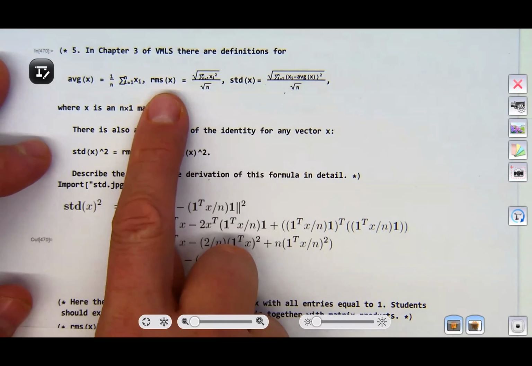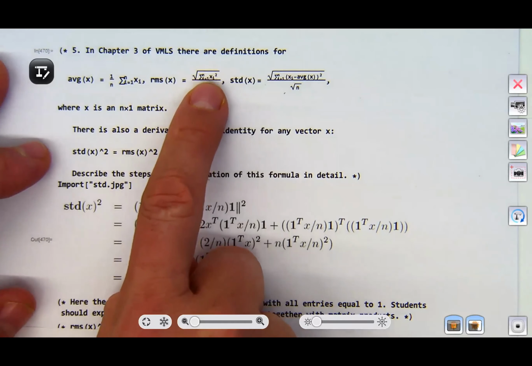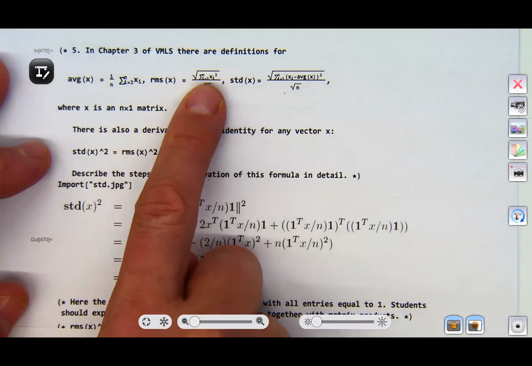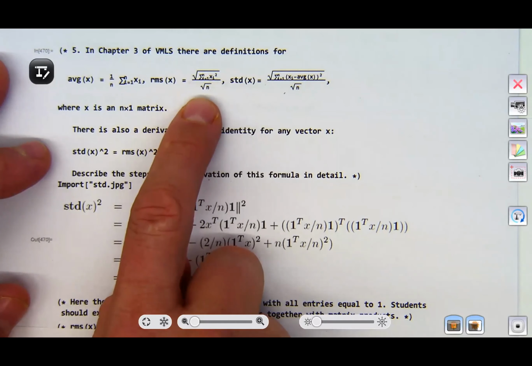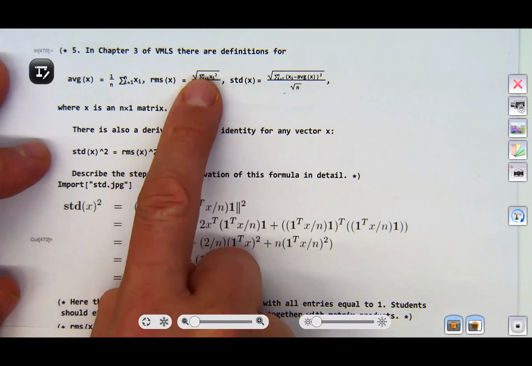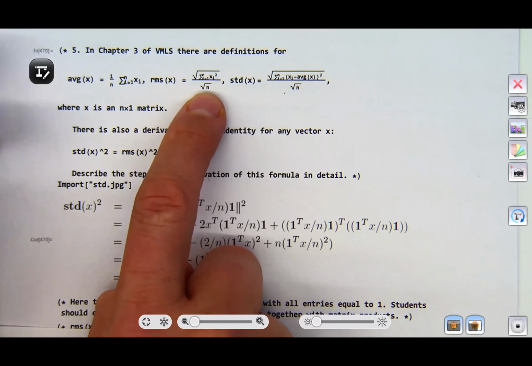But we have the sum of the squares of the entries, and then we take the square root, and then we divide by the square root of n. So if you look carefully, that's just the norm in the numerator, right? That's the norm of the vector x, and then the square root of the length.